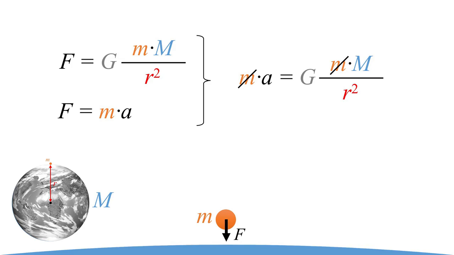In order to point out that we deal with gravity accelerations, we write small g instead of a, and capital M is the mass of the larger body and r is the distance from the center of the larger mass to the smaller mass. All we need to do now is to measure gravity acceleration.